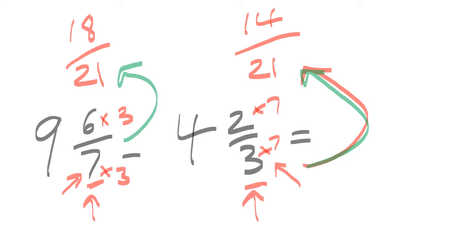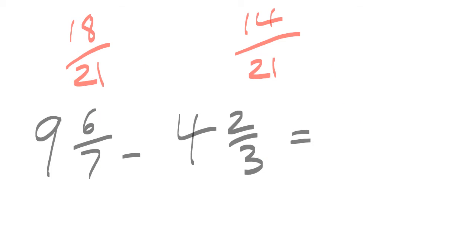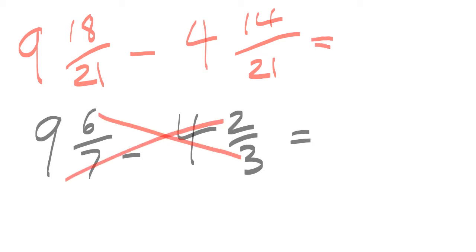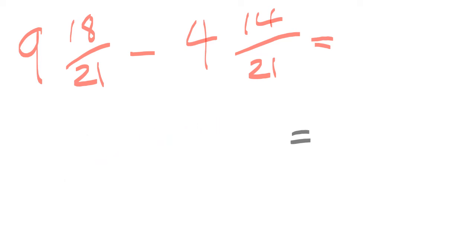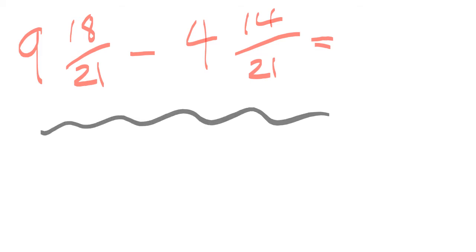So our sum becomes 9 and 18 21sts take away 4 and 14 21sts, and we can lose the old one now, it's redundant. Our fresh sum is exactly the same one, but we've written it in a way that we can now understand.